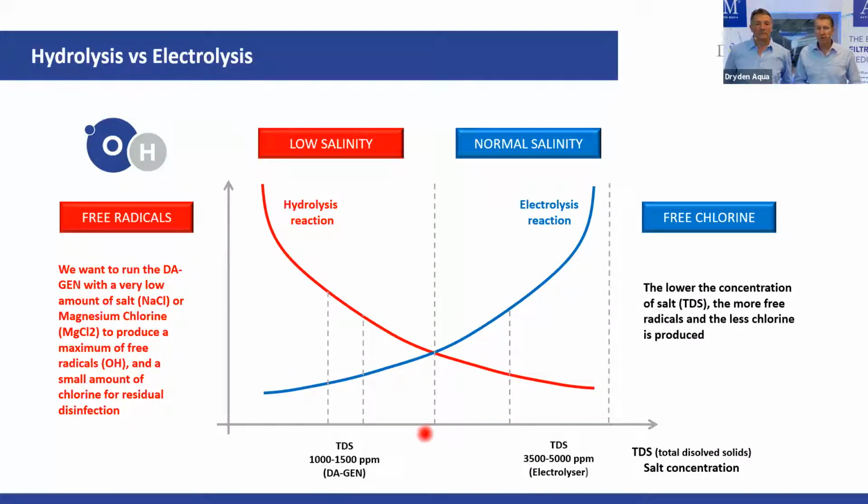So if we operate at a very low TDS level, then the DHN will produce a large number of these free radicals, and it will produce a small amount of chlorine. As we increase the TDS level, this starts to change, as you can see. You start to produce more free chlorine and fewer free radicals.